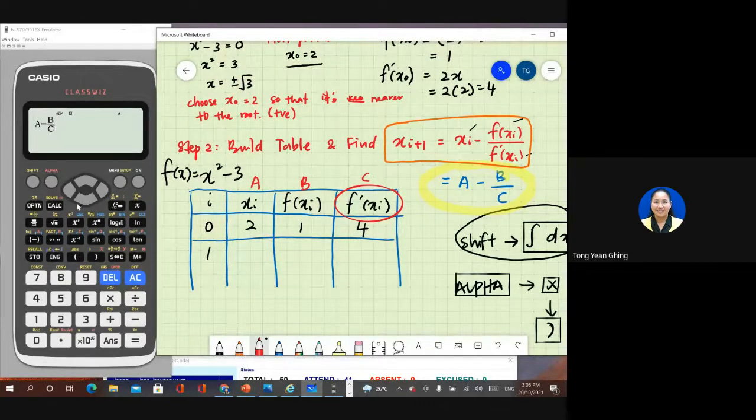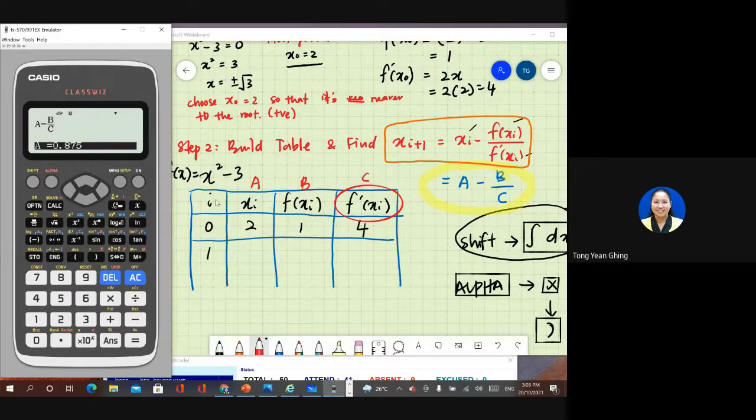So A, and then you press calculate. A is 2. That means X sama dengan, and B is 1. 1 equal to, and C is 4. 4 equal to. So I will get the next X is 1.75.